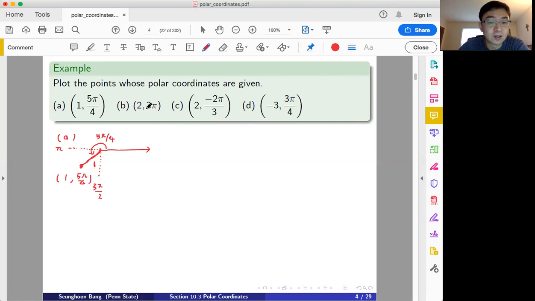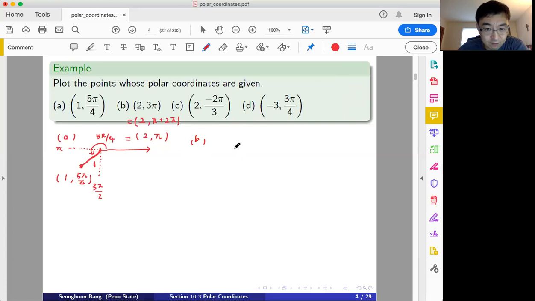The second one is the same. Was it (2, 3 pi)? 2, 3 pi is exactly the same as 2 pi plus pi. Do you remember? So this is exactly the same as pi. So what's it like for B?